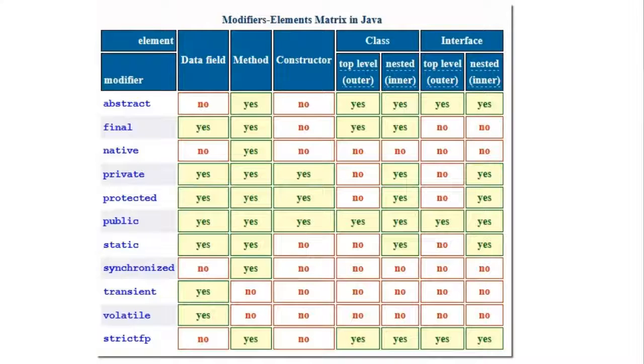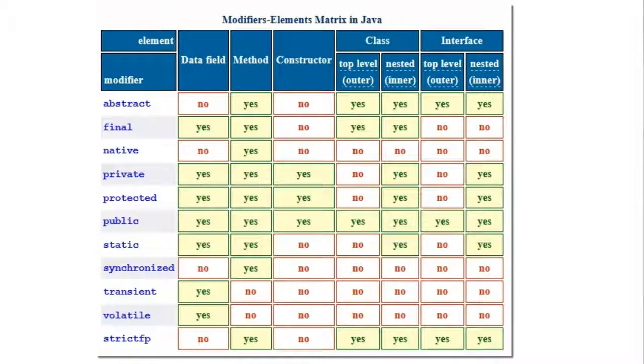Let's talk about the non-access modifiers from the table. In this table, abstract, final, native, static, synchronized, transient, volatile and strictfp are non-access modifiers. So first, abstract. You can see the data field and the constructor cannot be declared abstract, but you can declare a method as an abstract method.